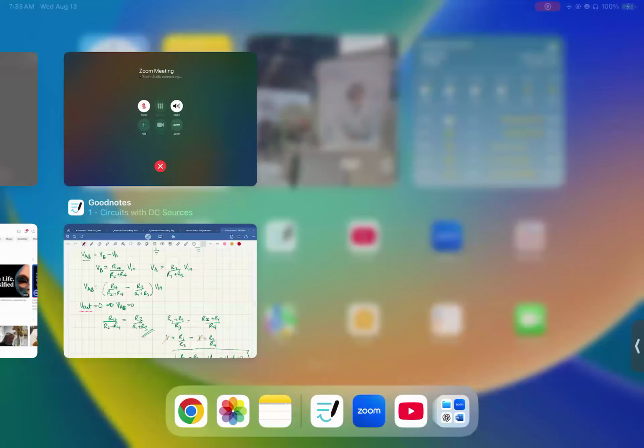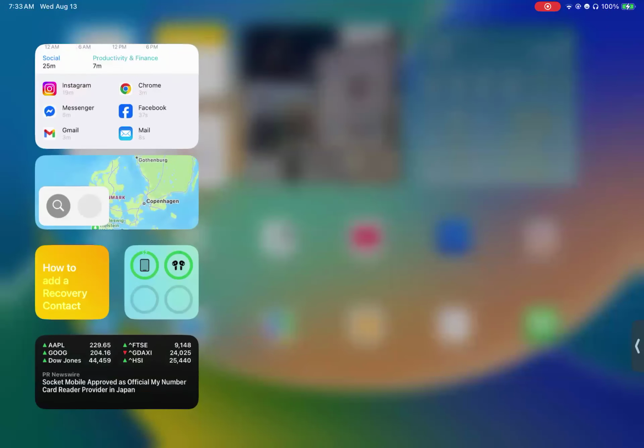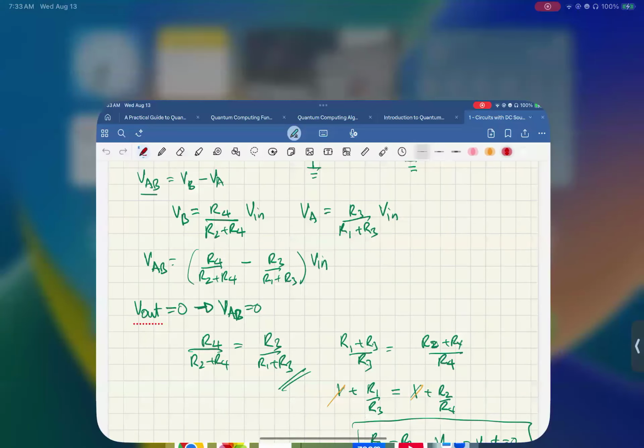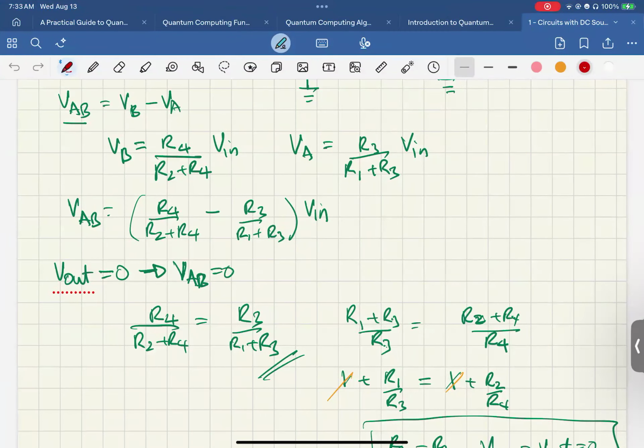Sandali. Hindi nag-respond yung pen na. Dali, i-reconnect ko lang yung pen ko.